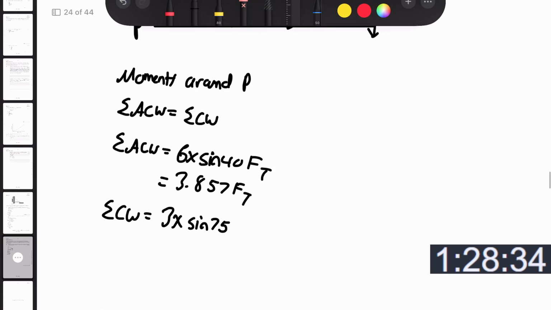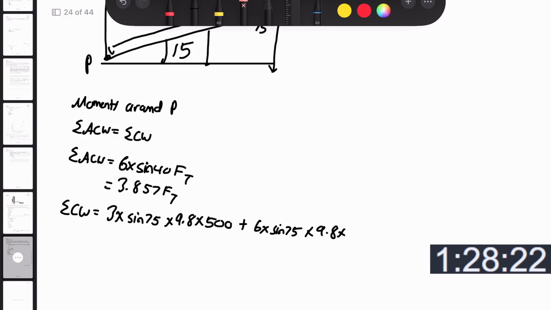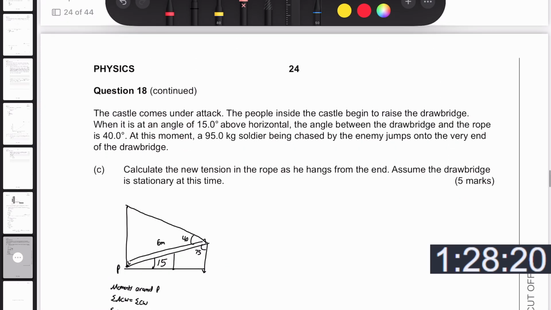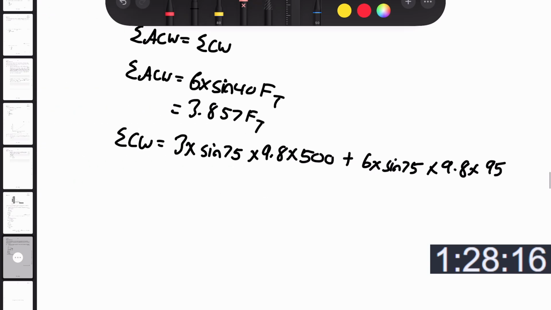So sine 75 times 9.8 times 500 plus 6 times sine of 75 times 9.8 times 95 kilograms. Sorry, 95. So sine of 75 times 9.8, 3 times 500 plus 6 times 95.